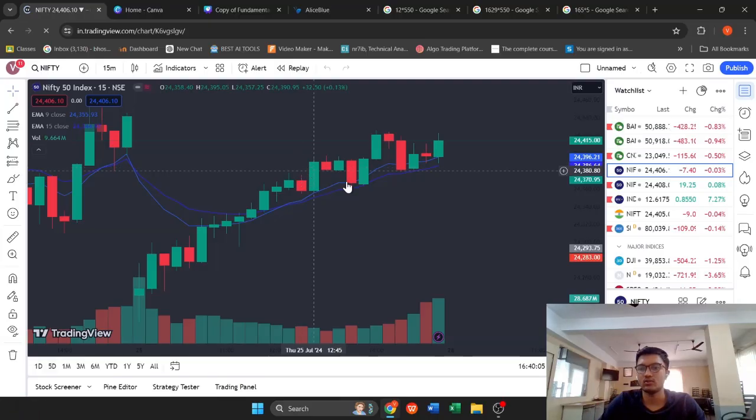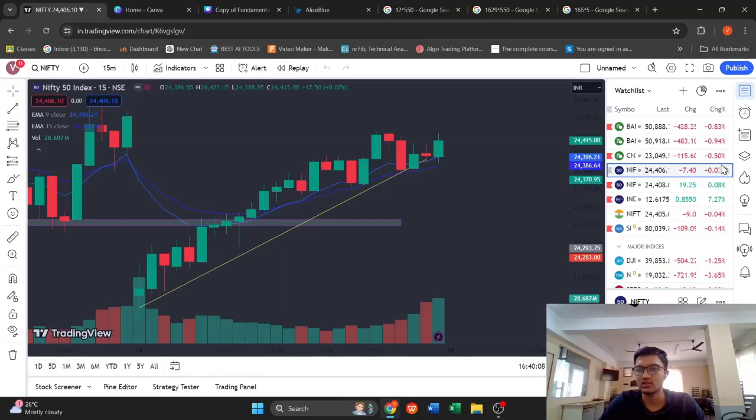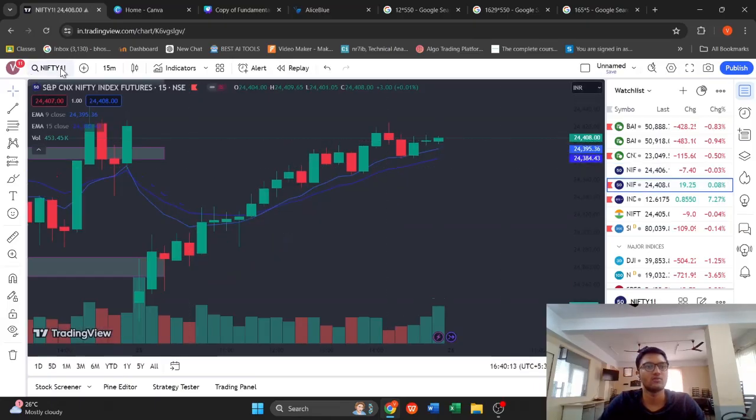I'll just go ahead with identifying what is the Nifty futures. I think already, yeah, this with the exclamatory sign. The Nifty futures also are in the same kind of situation, but you can see the Nifty is actually negative, but it's slightly positive. It's not that positive. So there's no difference between the spot and the futures.